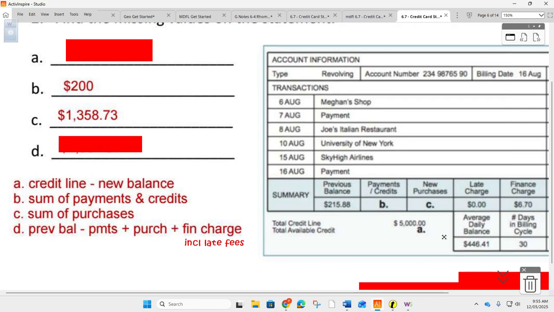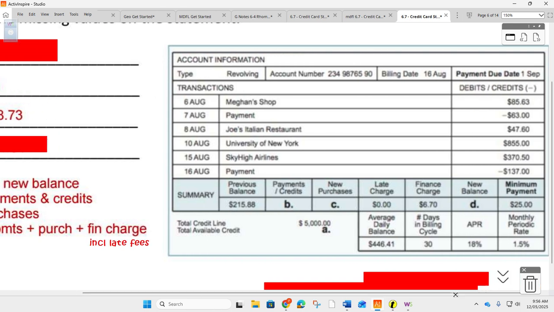And really, you can just work your way from left to right across that summary box, right? So previous balance minus the credits plus the new purchases, plus late charge plus finance, that gives you new balance. Just work your way from left to right. Make sense? Okay.